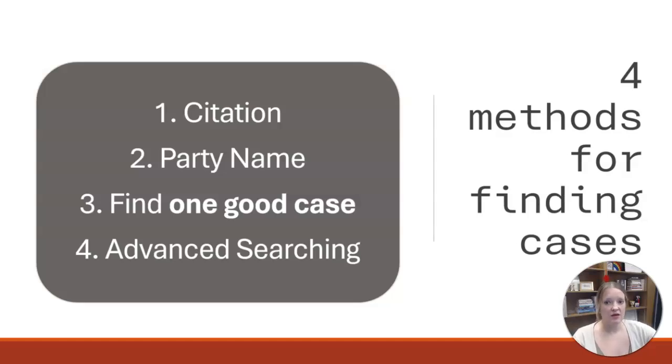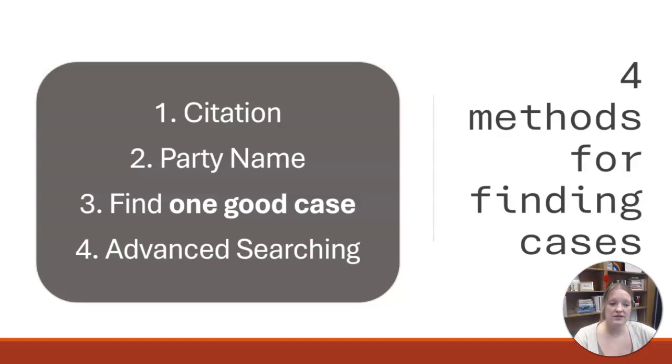Okay, as we said, just like with codified law, we have multiple methods for finding relevant case law. So, citation, right? If we have the citation, we can just enter it and go directly there. So, why would you have that citation? Someone gave it to you.